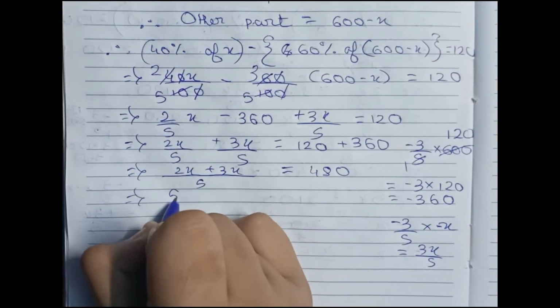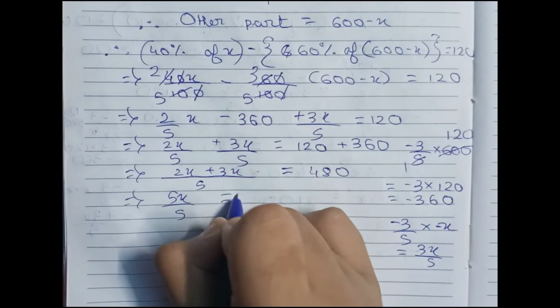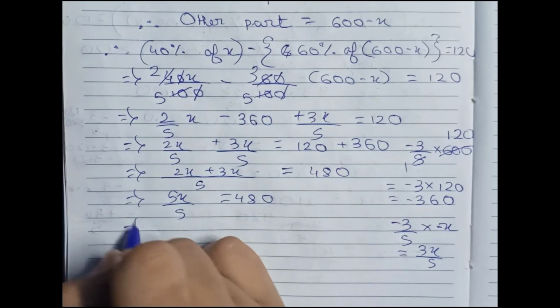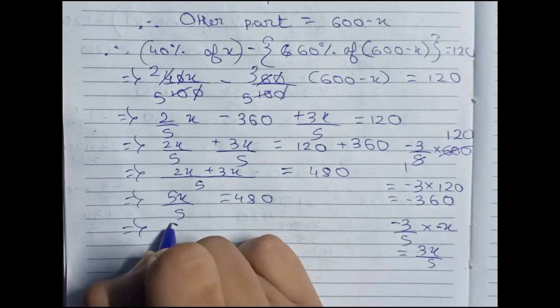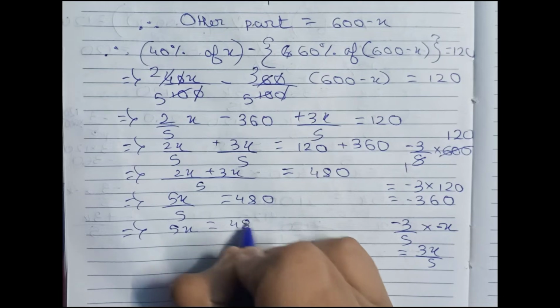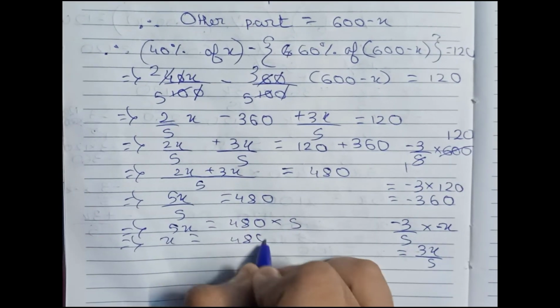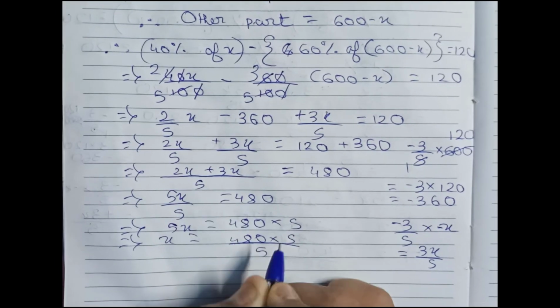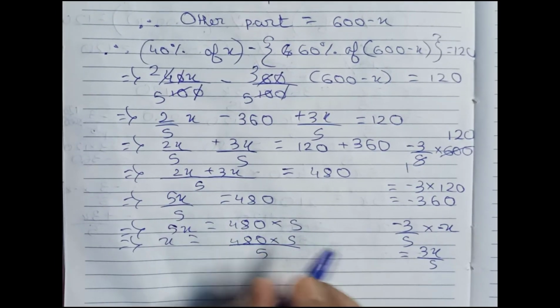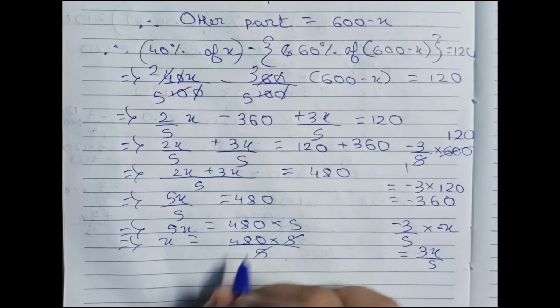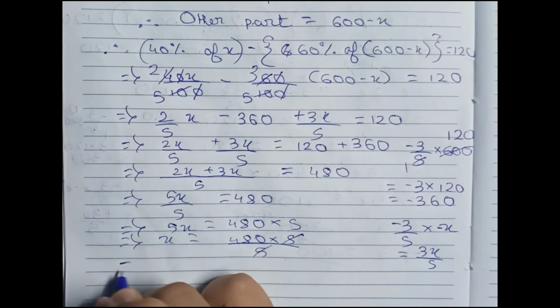So 5x by 5 equals to 480, or you can write 5x equals to 480 into 5, or x equals to 480 into 5 by 5. We do not multiply here as it will be easier for us to cut. So we simply cut 5 and 5.